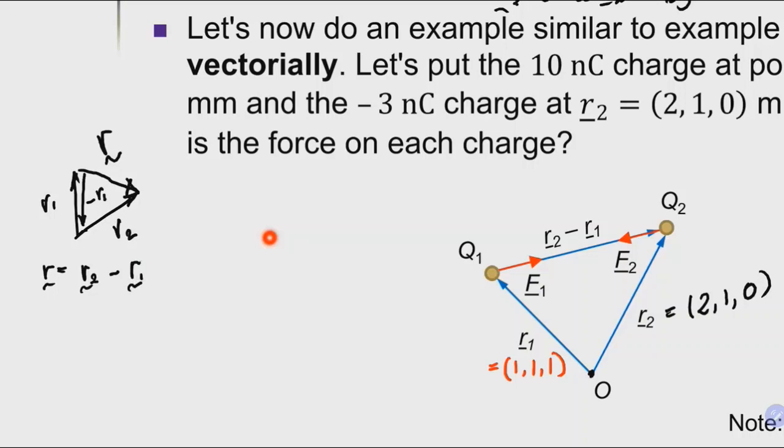So I sum the two vectors, minus R1 plus R2, and that gives me my vector R. Same thing here, my R will be equal to R2 minus R1.